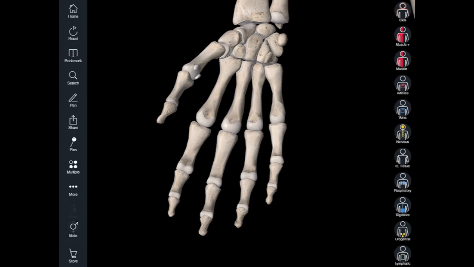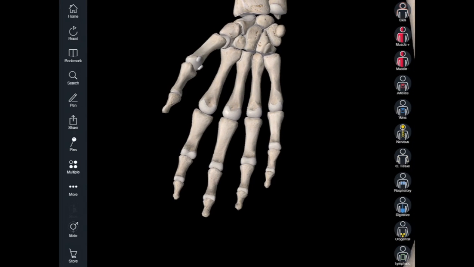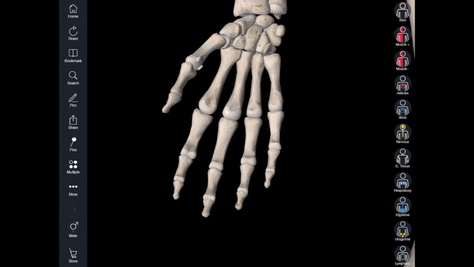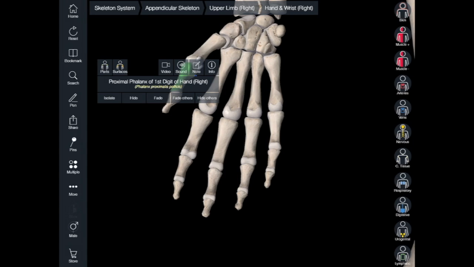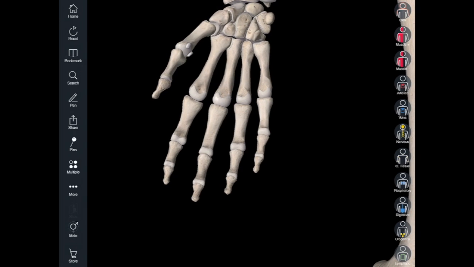And then we have the phalanges. So we've got 3 phalanges for each of the fingers. However, we've got only 2 phalanges for the thumb, the proximal and the distal phalanges. So if there's a spot on this bone, then we're gonna say that this is the proximal phalanx of the thumb. And for the other 4 digits, we've got 3 phalanges, as we said, for each of them.